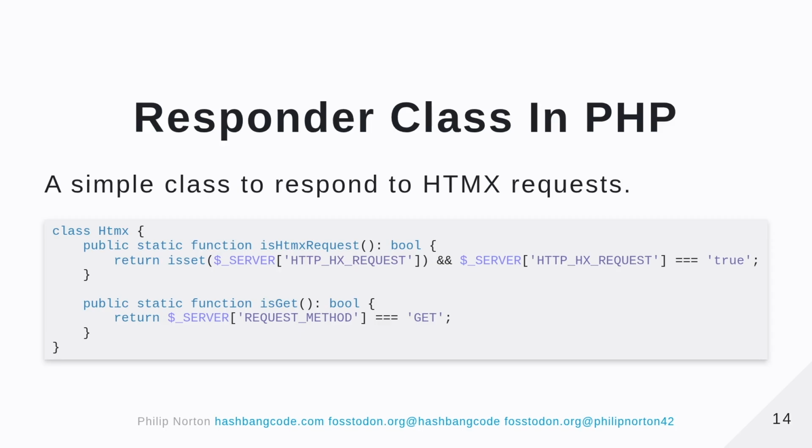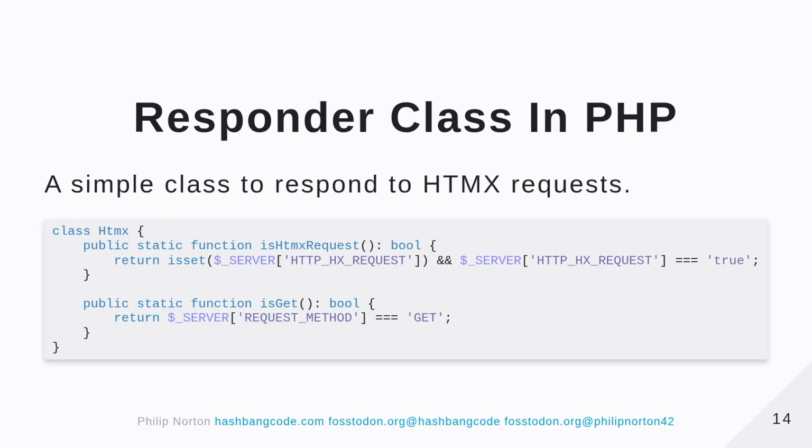To create this stuff in the backend, I've created this little HTMX class, and this HTMX request thing is how PHP sees the header. So it's just a way of detecting that it's an HTMX request, and we can say it's a GET request with this GET request method server attribute.